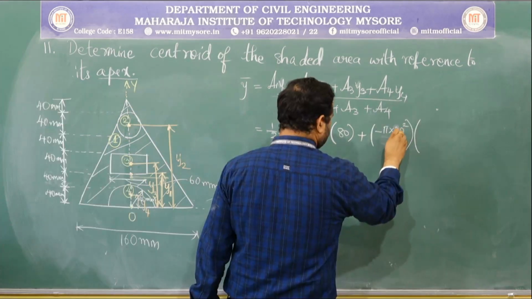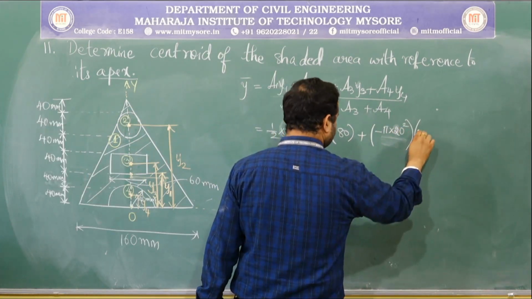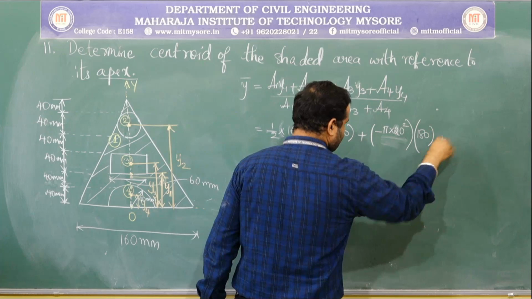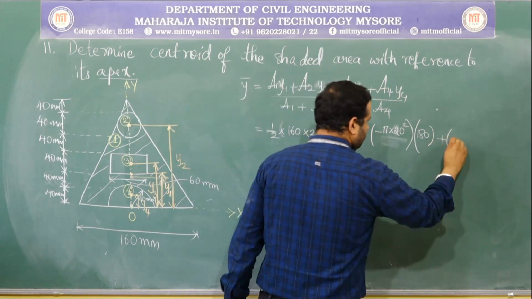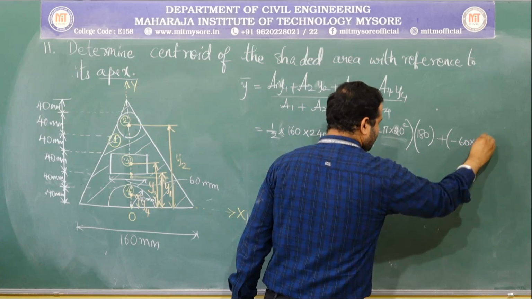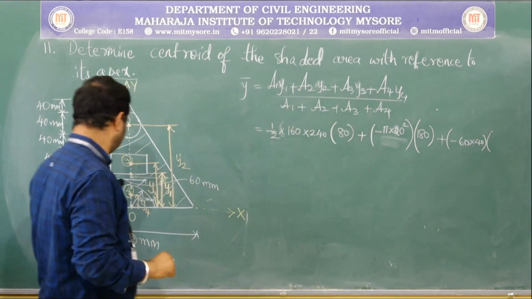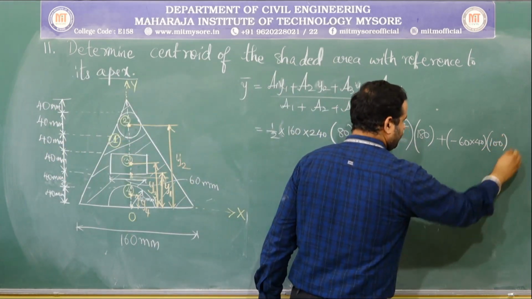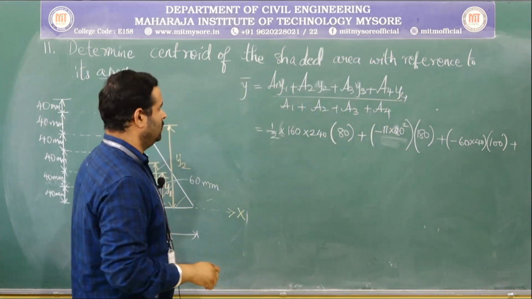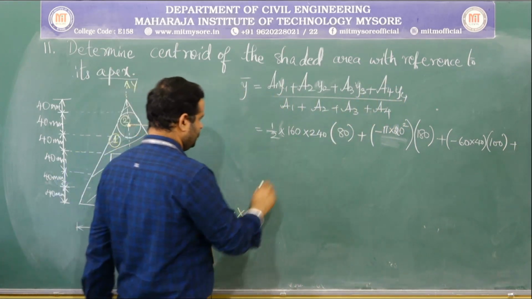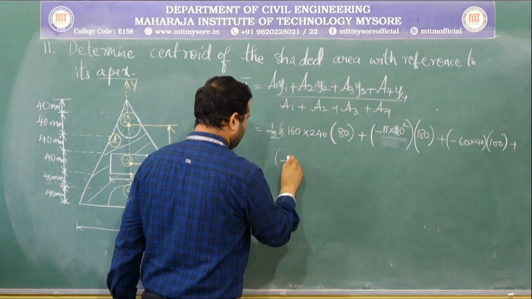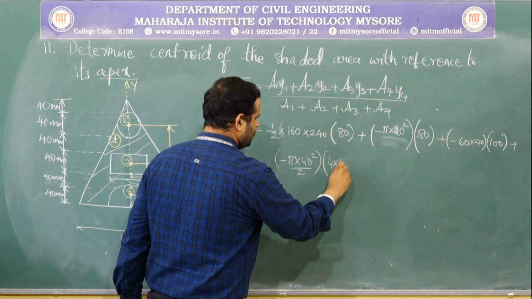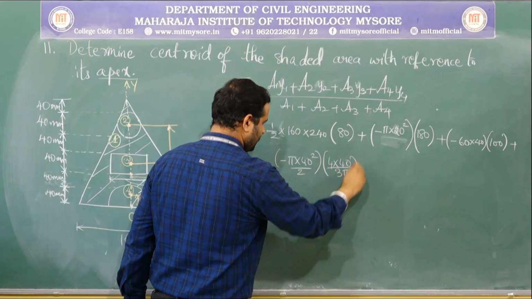A2 is pi into 20 square into its centroid Y2 is equal to 180, plus A3 minus 60 into 40 into Y3, 100, plus A4. A4 is semicircle, that is minus of pi into 40 square by 2 into 4 into 40 by 3 pi.